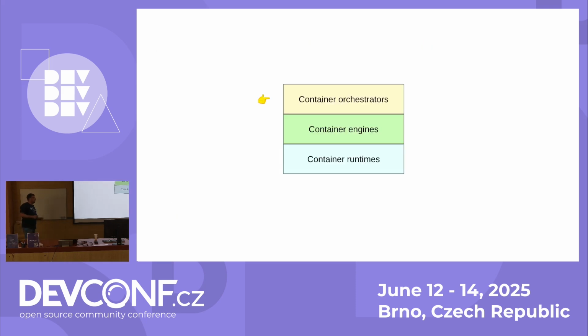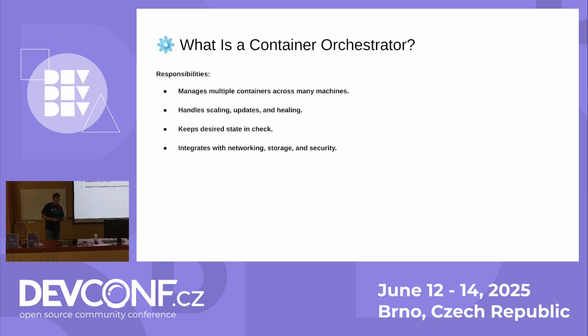Now let's talk a little bit about orchestrators. So what we saw until now is representation on a single node level, but what about the application lifecycle itself? What if you want to connect your application lifecycle into container lifecycle?